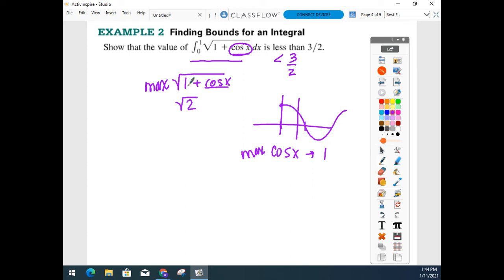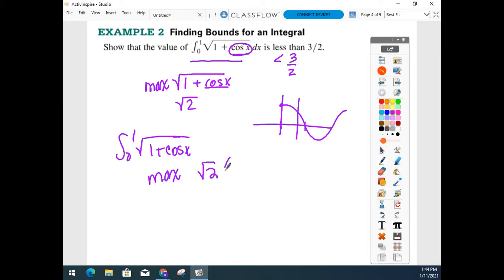So what this is saying is this, if we consider the theorem, has a max of the square root of 2 times b minus a, which is the square root of 2 times 1, or the square root of 2.